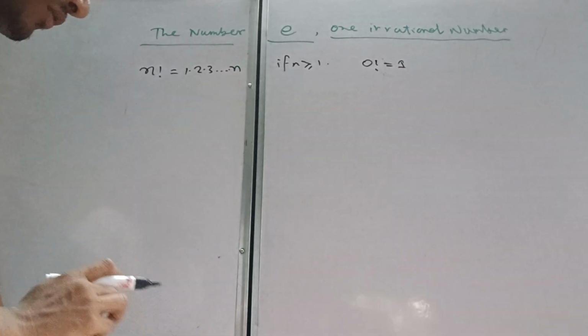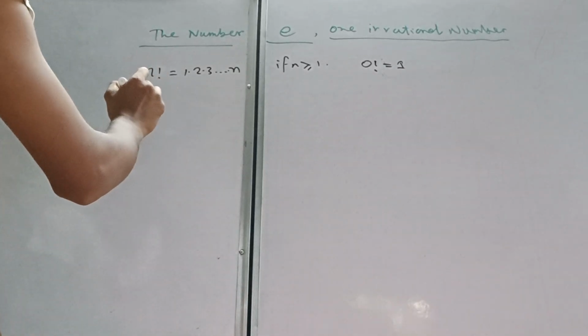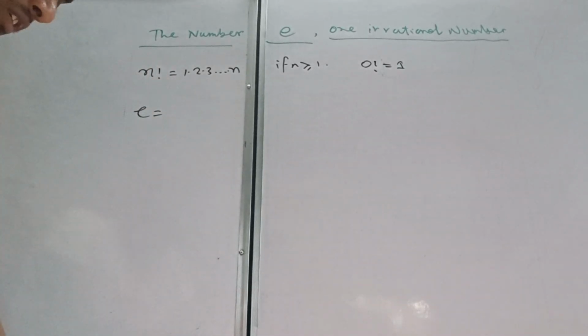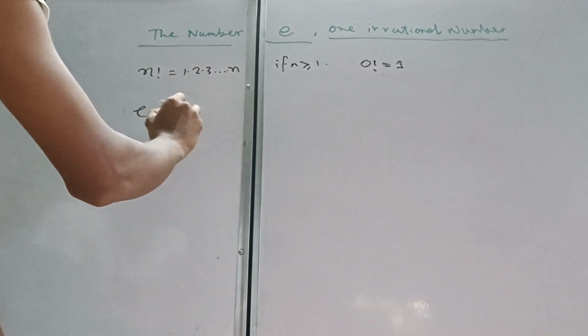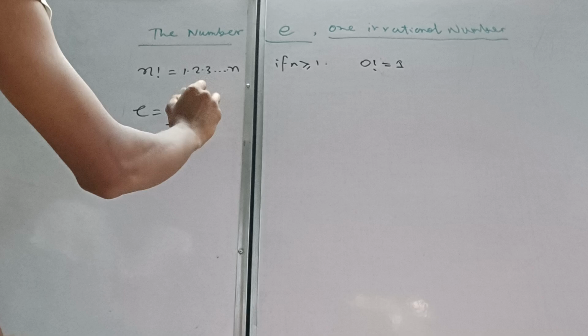In this way, we also write e equal to the summation n equal to 0 to infinity of 1 by factorial n.